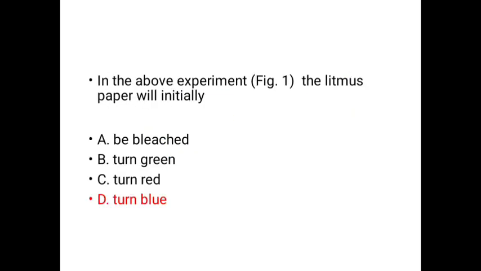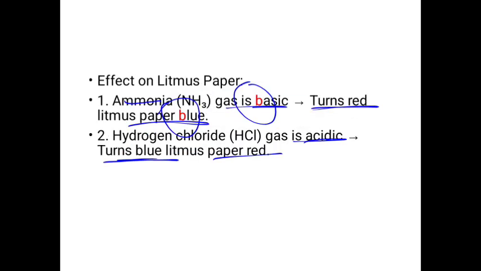Because we have turn red and turn blue, and we know that ammonium chloride contains two compounds, ammonia and hydrochloric acid, that can give you the same effects. They can turn red and turn blue, but the question here is, what will be the effect initially on the litmus paper? Now from here we should know that ammonia sublimes faster than hydrochloric acid.